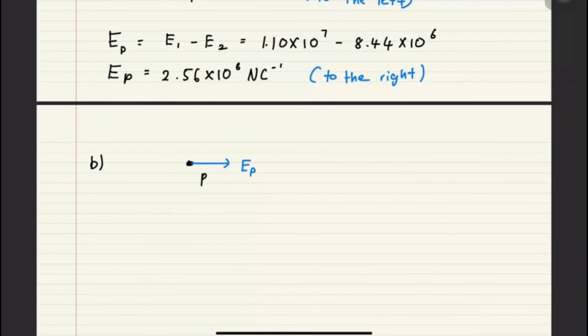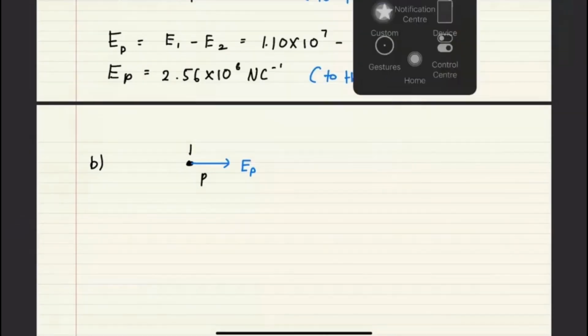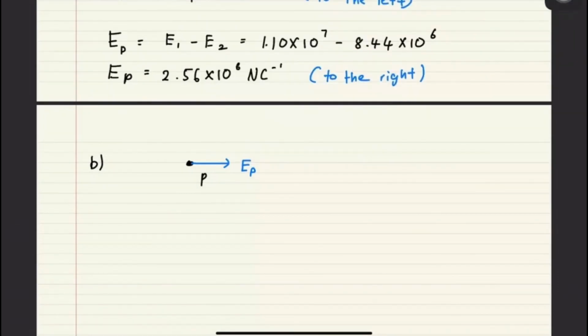Sebab dia tak cakap dia negatif. So sepatutnya dalam soalan tu kalau untuk nak cakap negatif, dia mesti cakap lah if a negative 5, ataupun dia kata if a negatively charged particle with a magnitude of 5 microcoulomb. But this one is positive. So katakan saya letak positif kat sini. And the magnitude is 5 microcoulomb.